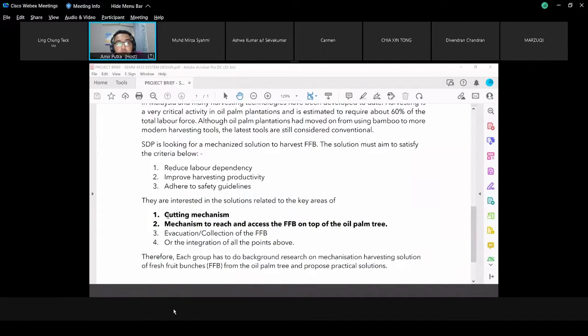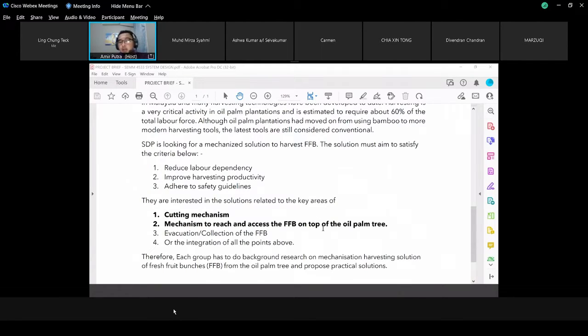You see the machine there, a kind of tractor, basically for collecting the FFB. But the main components are the first and the second: the cutting mechanism, how do you want to do it, and a mechanism to reach and access the FFB from the top, rather than cutting and letting the fruit fall to the ground and collecting it from the ground to the tractor. So how to cut is the first one.